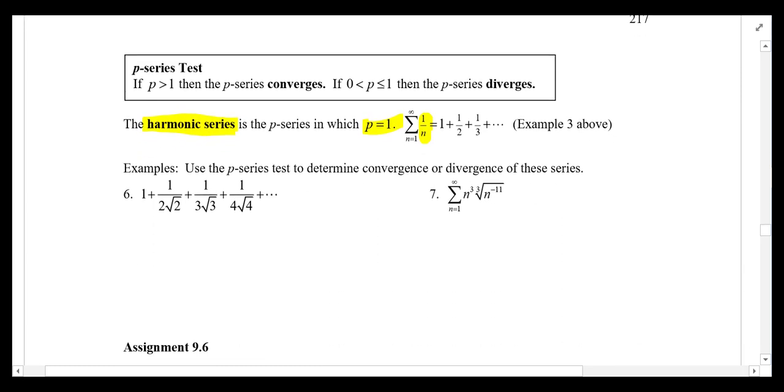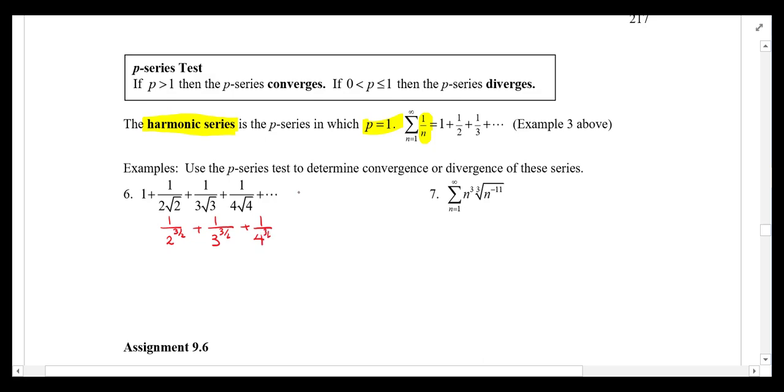So looking at these last 2 examples for this lesson, use the p-series test to determine convergence or divergence of these series. So the key thing is, can you write them as a p-series? Doesn't this kind of look like 2 to the power of 3 halves? Doesn't this look like 1 over 3 to the power of 3 halves? Doesn't this look like 1 over 4 to the power of 3 halves?